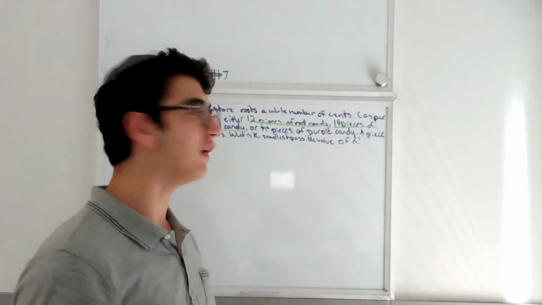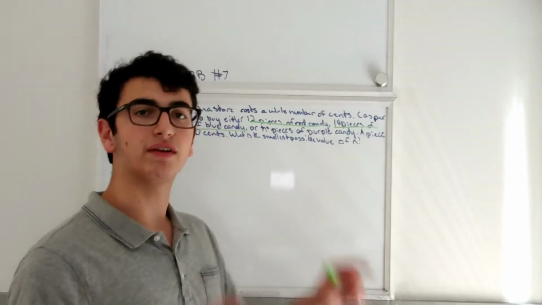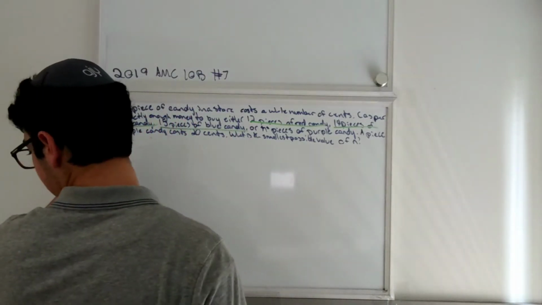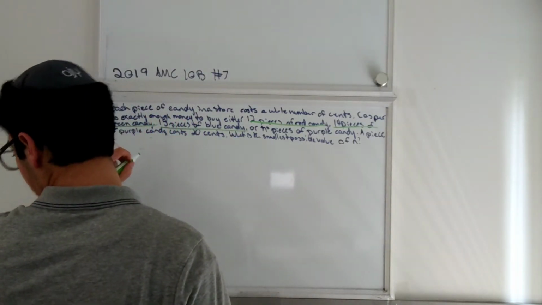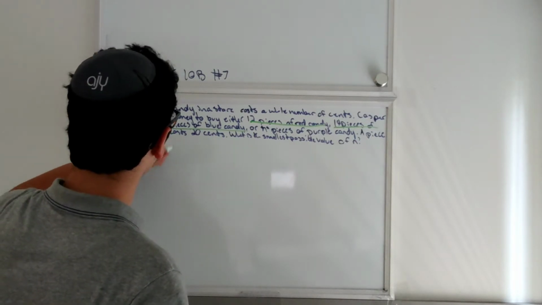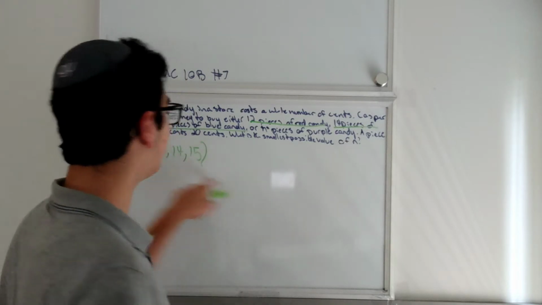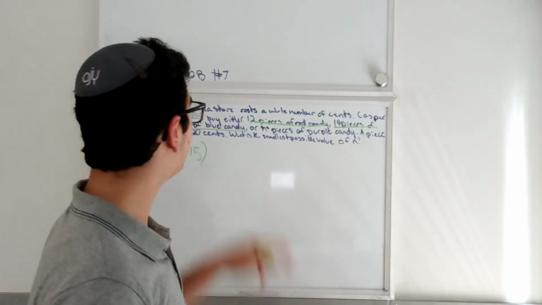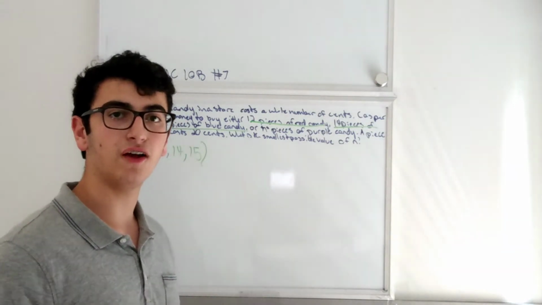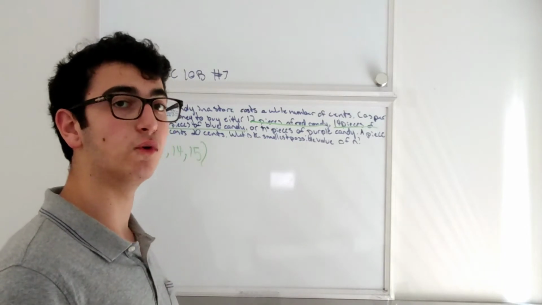So in order to find the minimum possible value for N, I'm going to have to find the lowest common multiple of 12, 14, and 15. Once I find that, I'm going to divide it by the amount of cents each purple candy costs, and that will be the number of purple candies that Casper can afford.